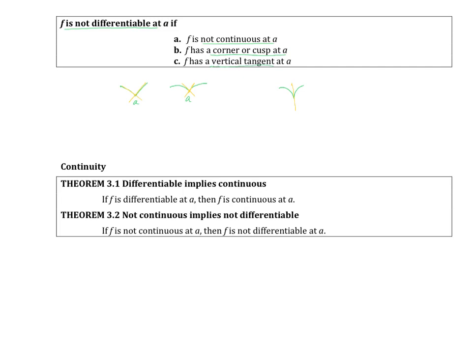Okay? Which means that you have an undefined slope. And the slope is the derivative, so undefined derivative. In the previous cases, we have two different slopes.